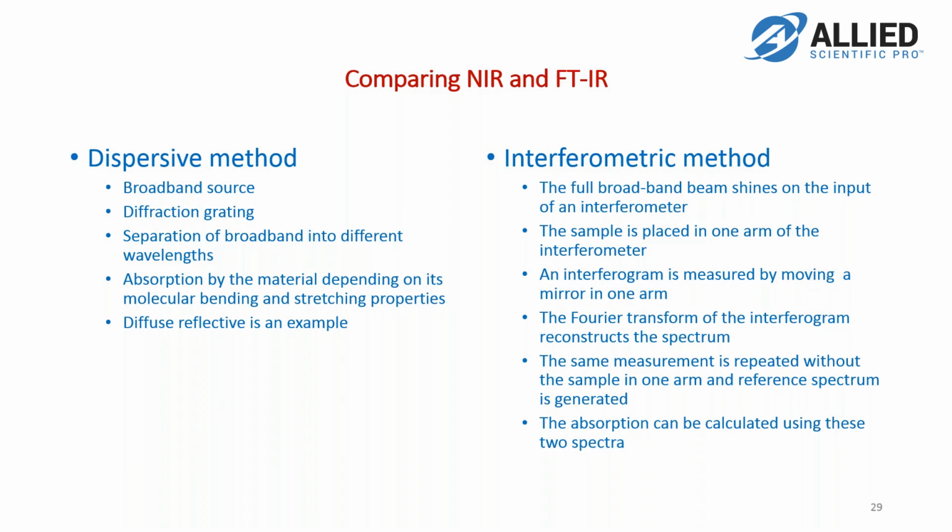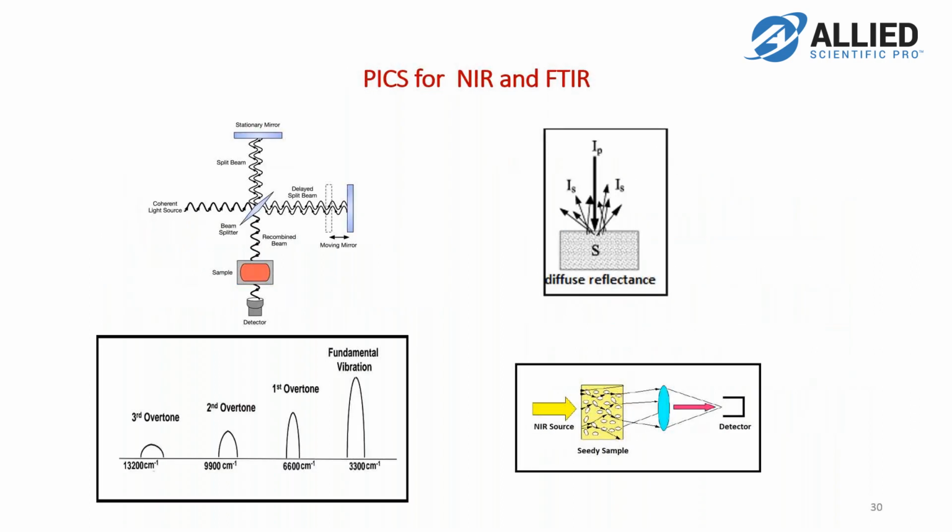However, FTIR is a different method. It's an interferometric method. The full broadband beam of the source shines on the input of the interferometer, and a sample is placed in one arm of the interferometer. An example is given here. You can see the sample is placed, and this is the interferometer.